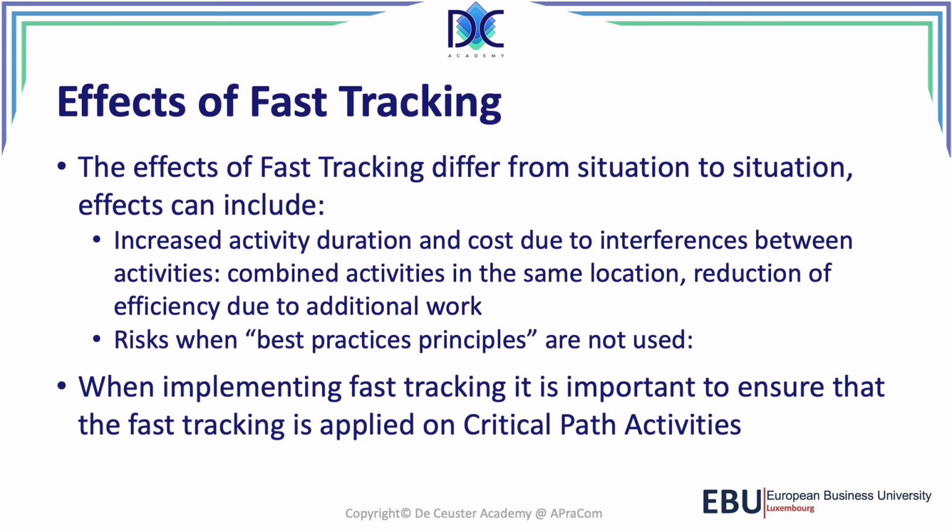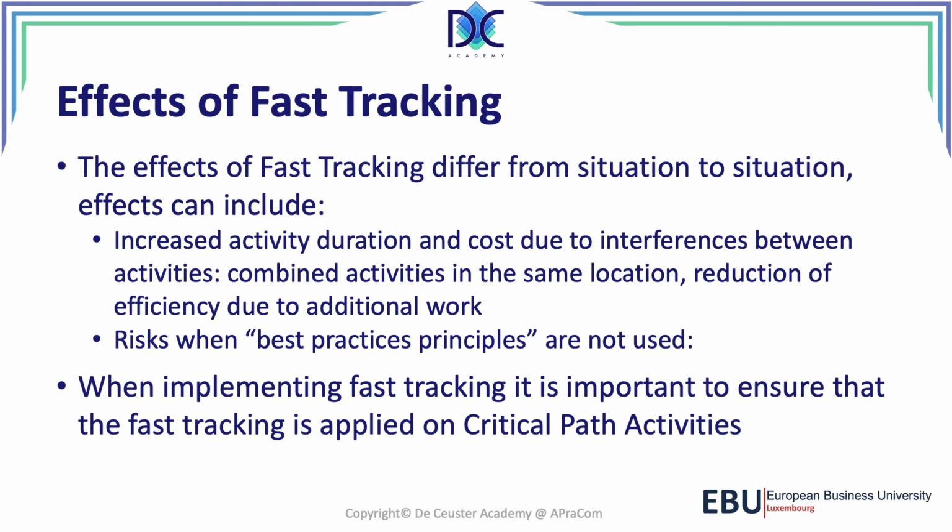And when we look also at the effects of fast tracking, we also have to look at the critical path activities. When we start doing fast tracking on non-critical path activities, that will not lead to the reduction of the project duration. Now, it may have an effect if those other parts are reduced sufficiently so that we get more critical parts than we can work on.